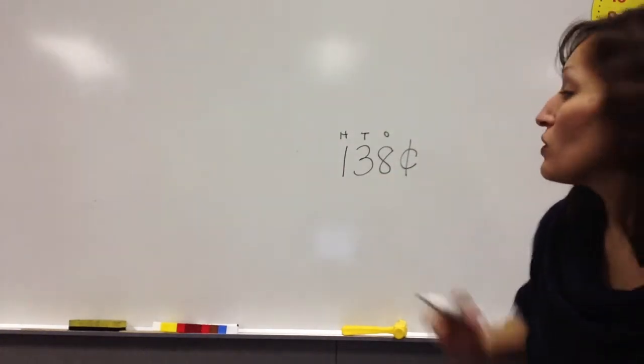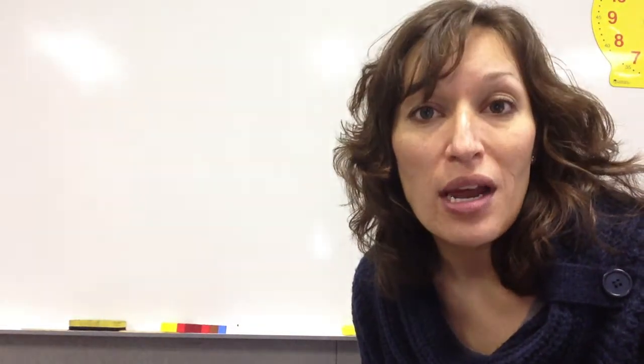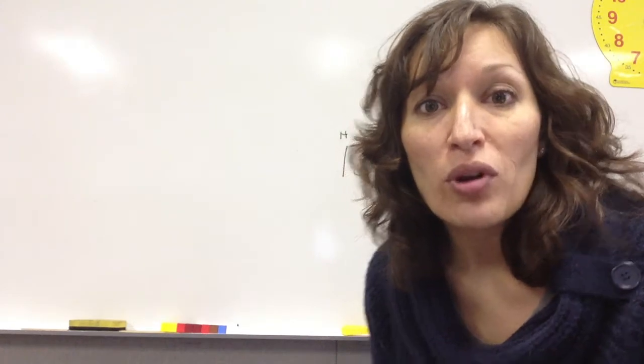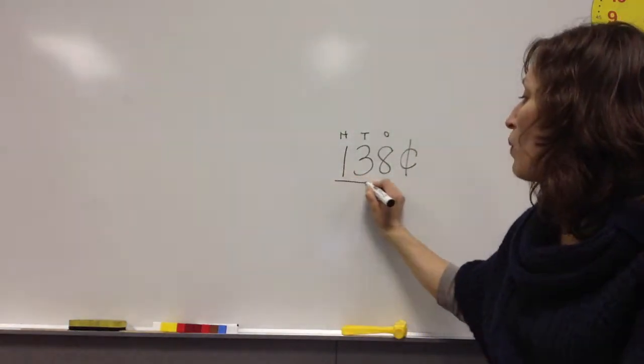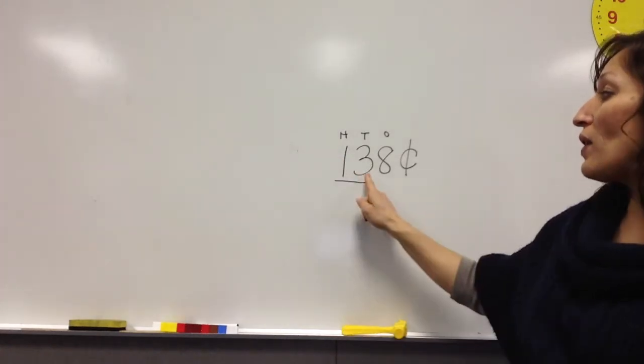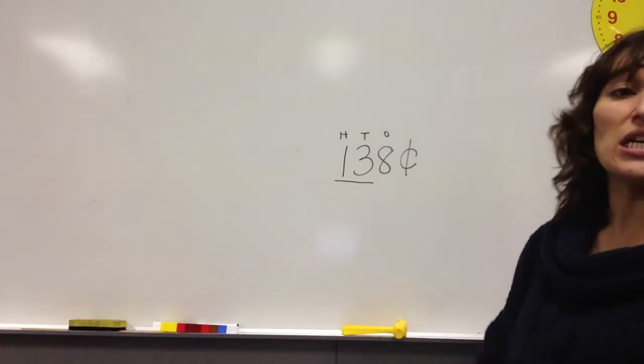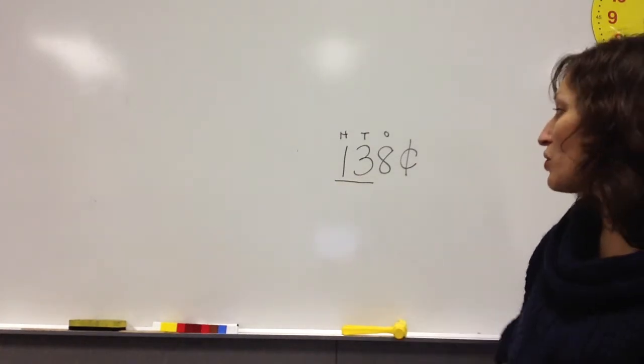We've also learned that if we want to find out how many total tens are in a three-digit number, we can think about what we know about tens. There are 10 tens in 100, and then 3 more tens, so we'd have 10 plus 3, so we'd have 13 total tens in this number.